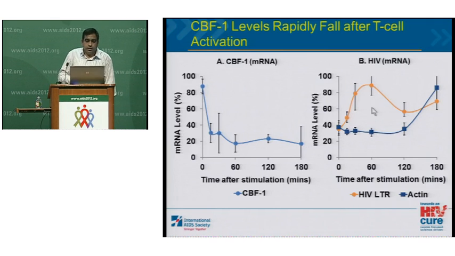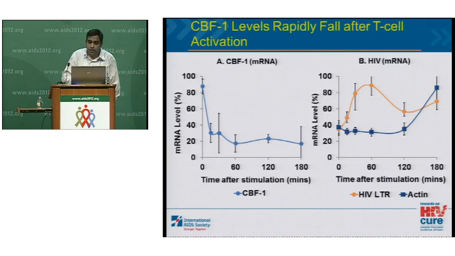So these results demonstrate that there is an inverse correlation between the cellular level of CBF1 and HIV transcription. They also suggest that CBF1 may play an important role in HIV transcription, as when the cellular level of CBF1 is high, the provirus is latent, and after T cell activation, when the level of CBF1 drops, the latent provirus gets reactivated.